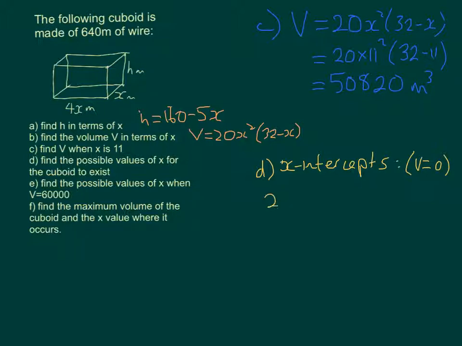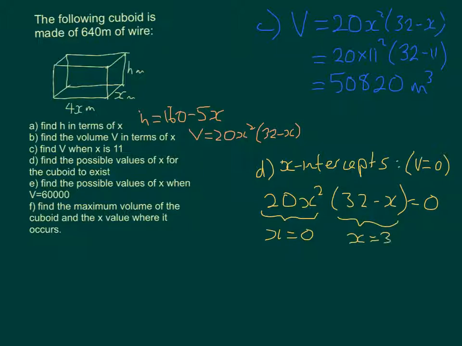So 20x squared, 32 minus x, that's equal to 0. From this part here, we get x equal to 0, or from this part here, we get x equal to 32.